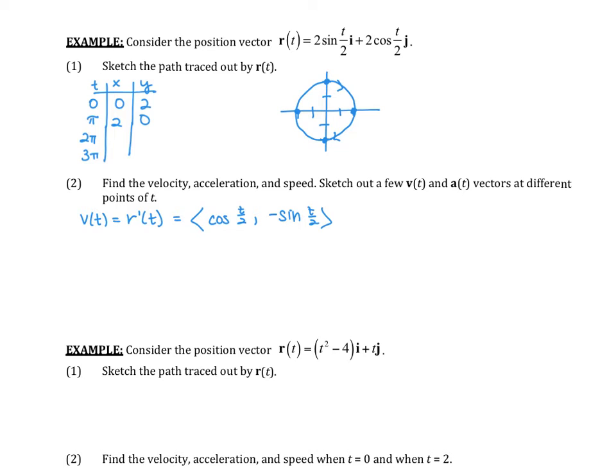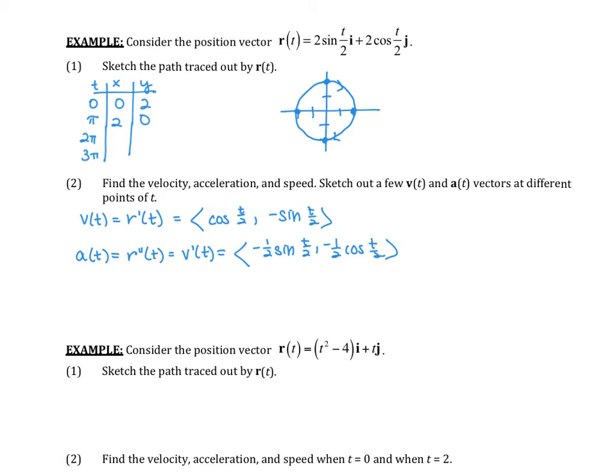That's my r prime of t, my velocity of t. Okay, so my acceleration of t is the second derivative of the position, or the derivative of the velocity. And so we would get negative 1/2 sine of t over 2, and negative 1/2 cosine of t over 2.